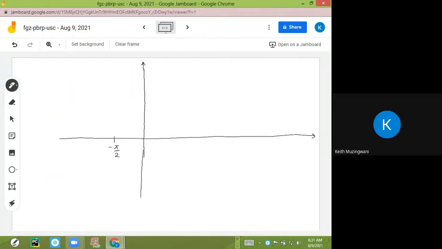So you say, okay, so negative pi over 2 plus pi over 2, you get 0. 0 plus pi over 2, you get pi over 2. Remember, pi over 2 is 90. So 90 plus 90, you get 180. 180 plus 90, you get 3 pi over 2, which is 270. And 270 plus 90, you get 360, which is 2 pi. So once you reach 2 pi, you end your case there.